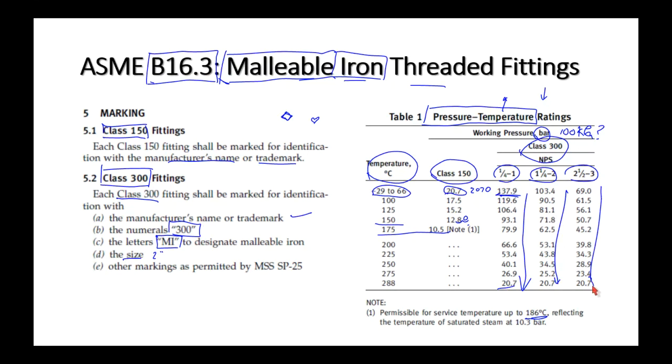So if somebody says, oh yeah, I've got a class 300 fitting, it's good for 250 psi, you have to say, well, at what temperature are you talking about? And you have to say, well, what size is the fitting? A smaller fitting has got a higher pressure rating than a larger fitting.